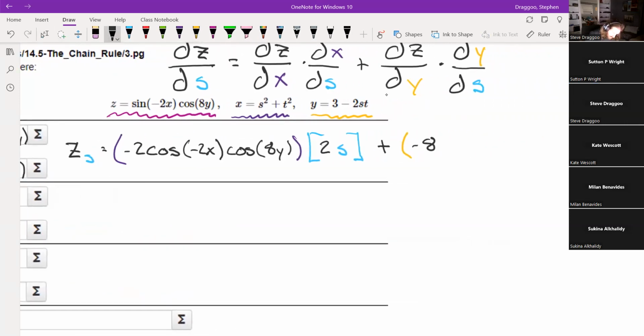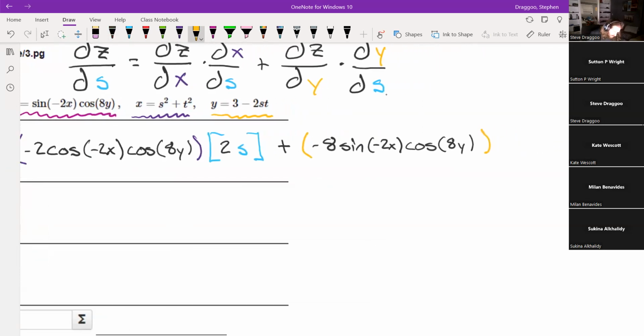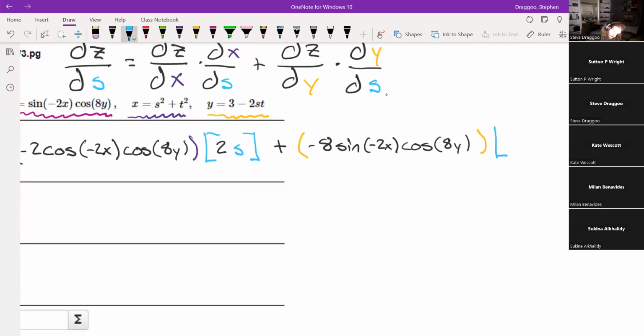Negative 8 sine negative 2x cosine 8y. Close the y partial, and again, multiply in the s partial, which was negative 2t.